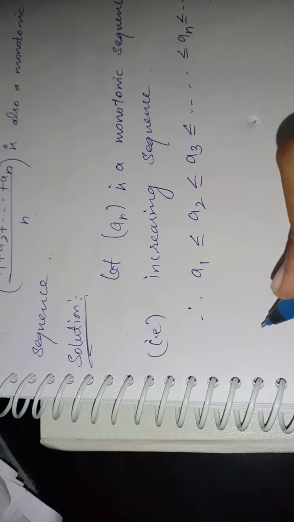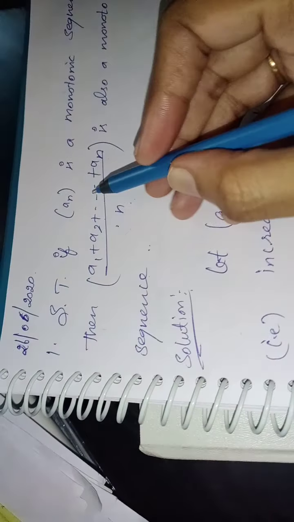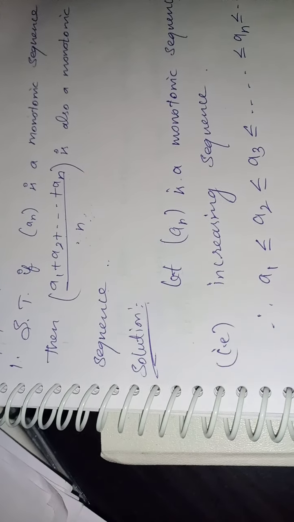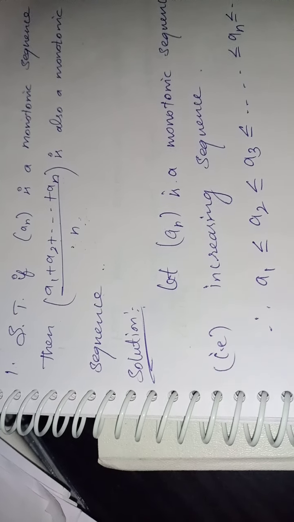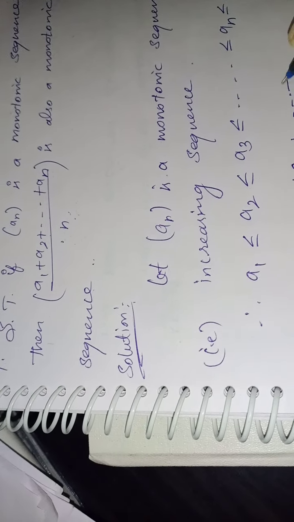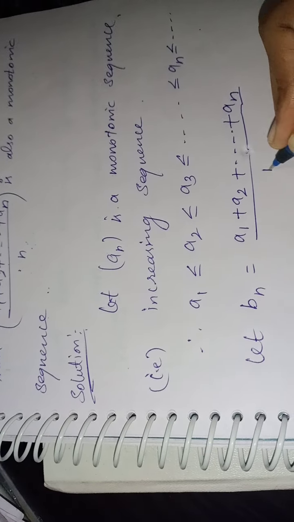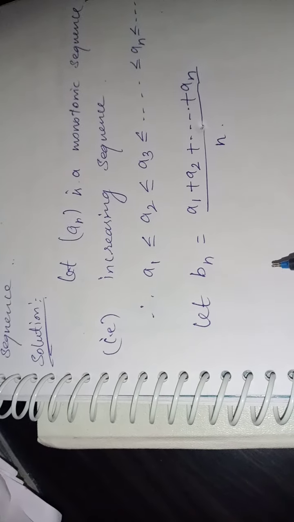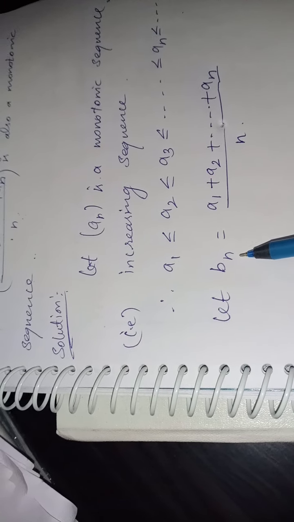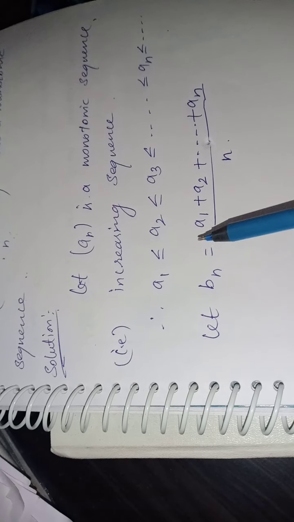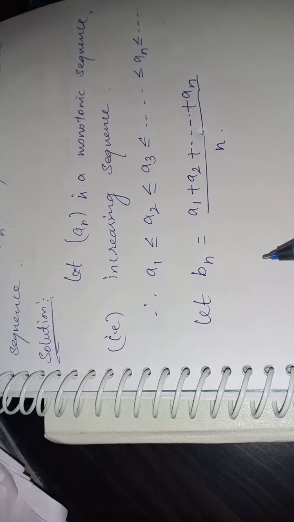Let the given sequence be bn, which is equal to (a1 + a2 + and so on + an) divided by n. We have to prove this bn minus bn+1 is less than or equal to 0.